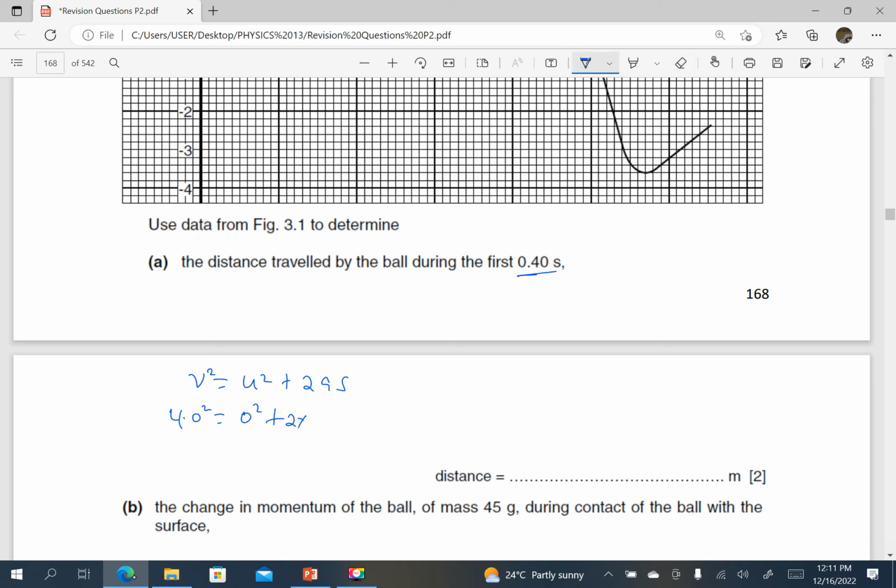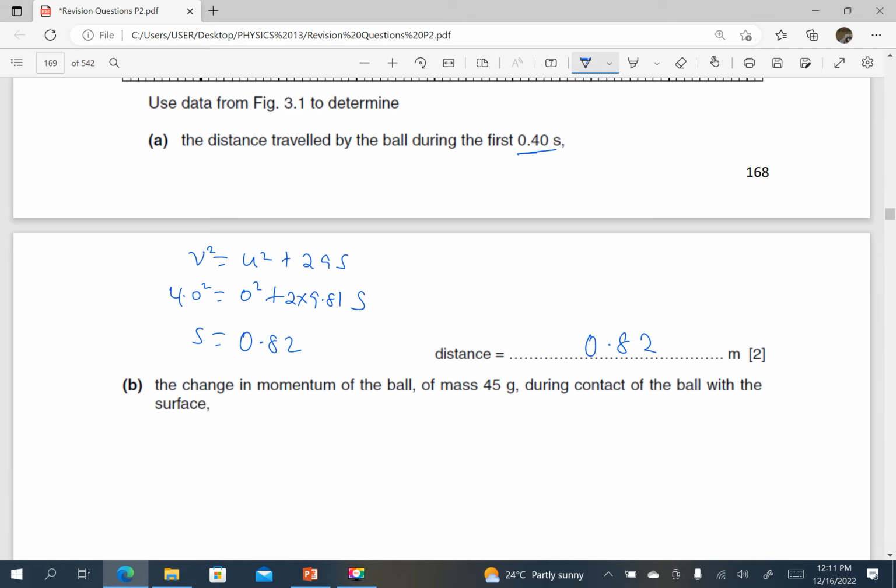So plus 2 times 9.81 times S. So I just find S. 4 squared divided by 2 times 9.81. So this is giving me S as 0.82 meters.